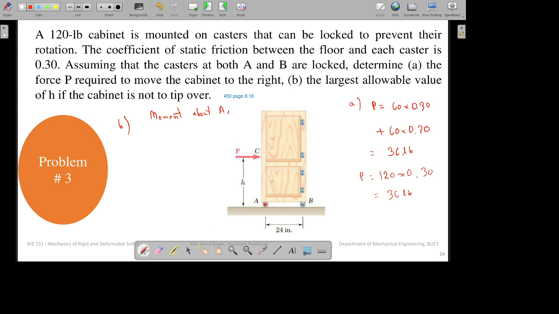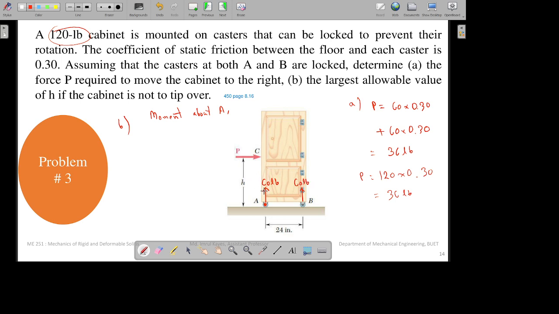Let me just find the moment. As we know, the 120 pound weight was split between these two surfaces, right? So the normal force was in that direction and in that direction. The value was 60 pound each. 60 pound over here, 60 pound over here.